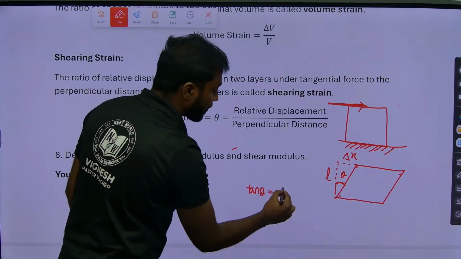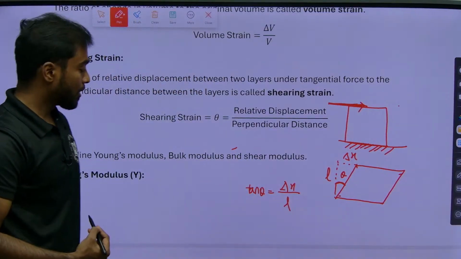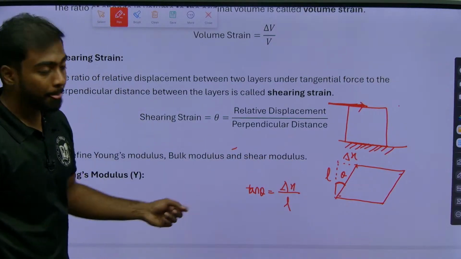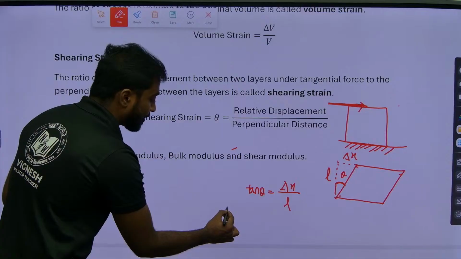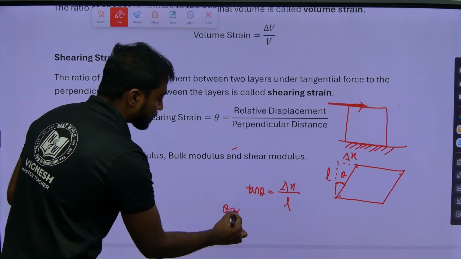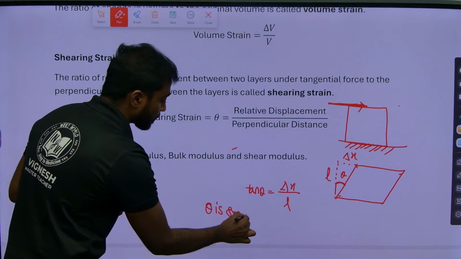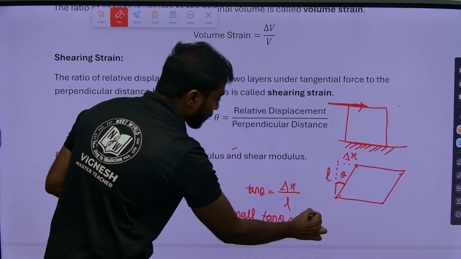Opposite is delta x, adjacent is L. And when we talk about shear strain, the angle is very small. So let me take theta as small, tan theta will become theta only.